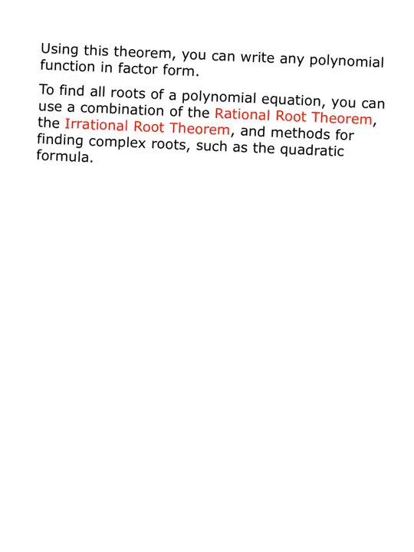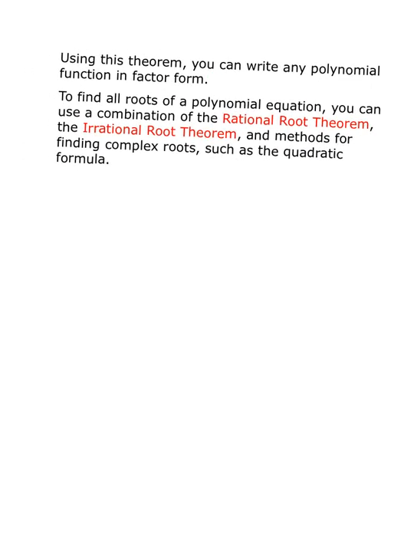And let's look at an example here. So using this theorem, you can write any polynomial function in factor form. Then to find all the roots, you can use a combination of the rational root theorem and irrational root theorem and methods of finding complex roots, for example the quadratic formula.